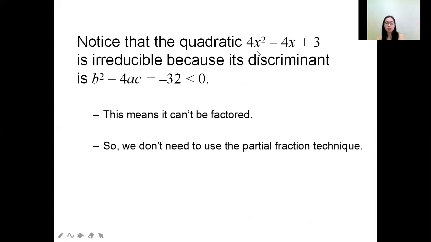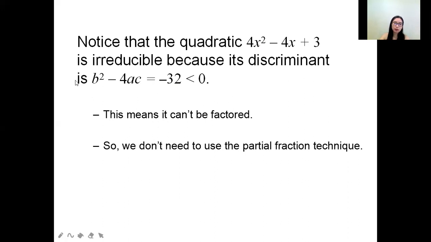So notice that the quadratic 4x squared minus 4x plus 3 is irreducible because its discriminant, b squared minus 4ac, with b equal to negative 4: negative 4 squared is 16, minus 4 times 3, 4 times 4 is 16, times 3 is 48.